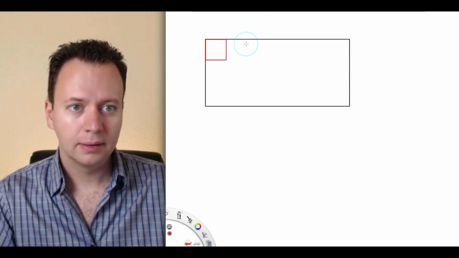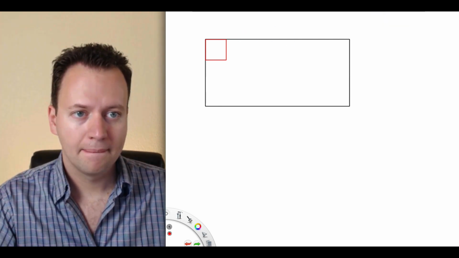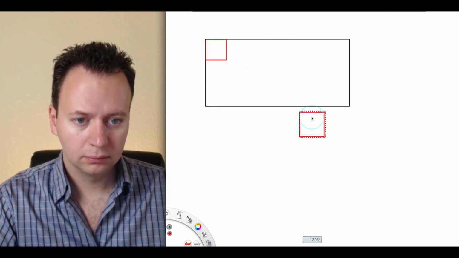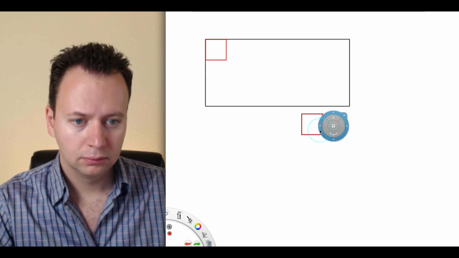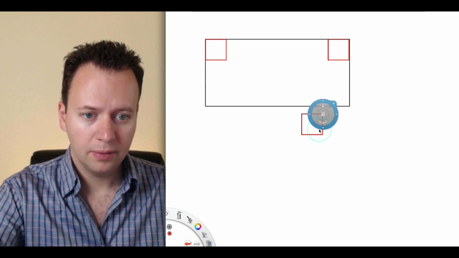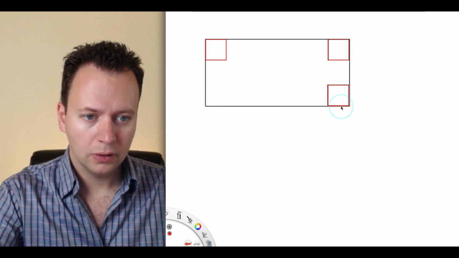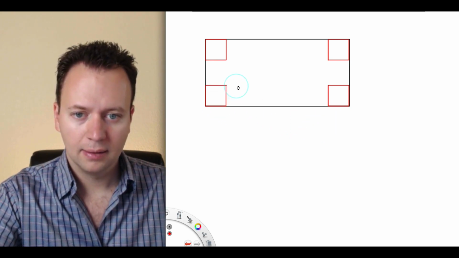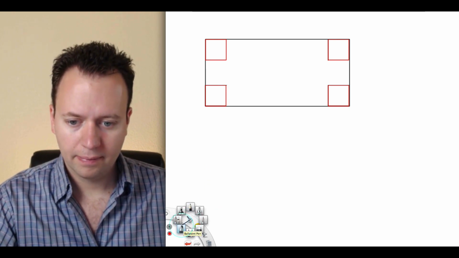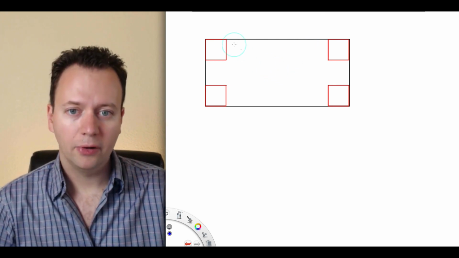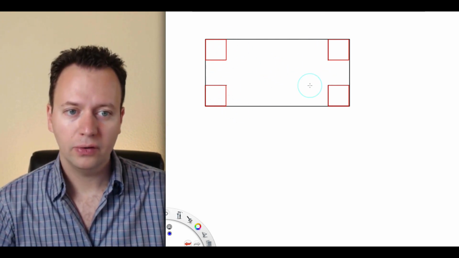I'm going to make an equal square cut out of all four corners of the box, like that. Basically, I'm going to make a square cut out of each of these corners.